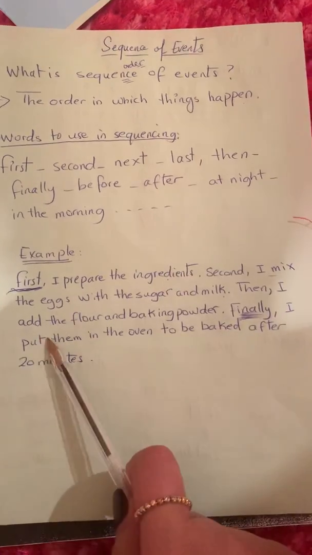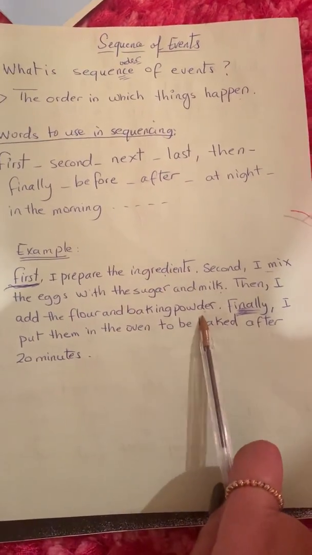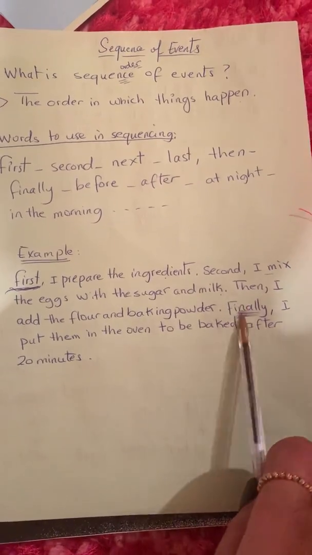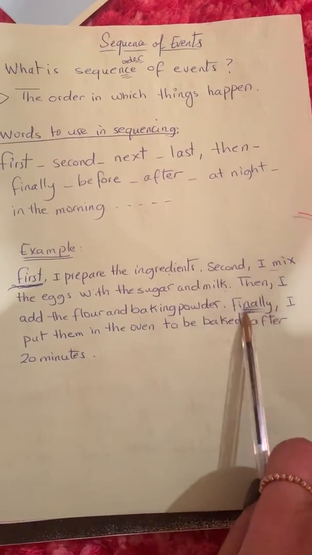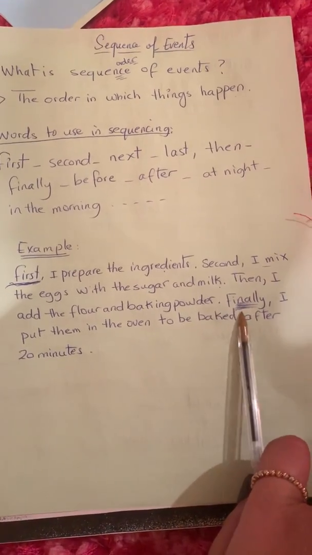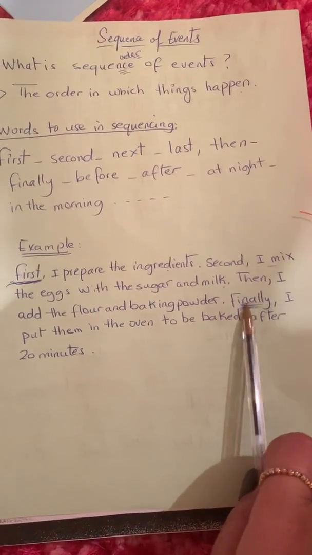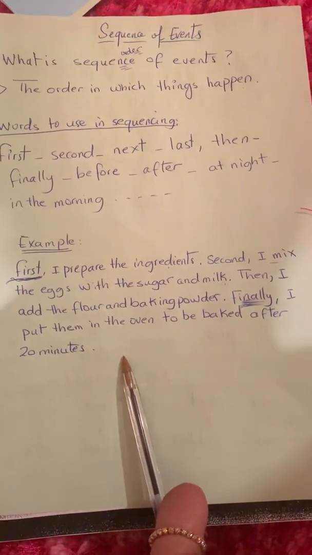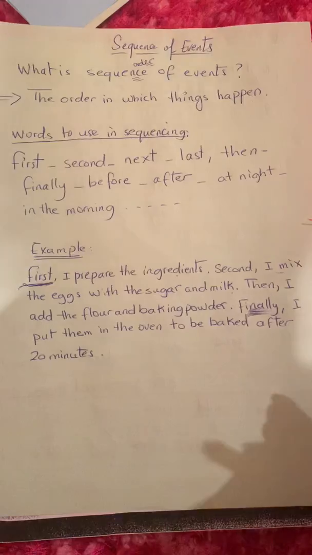Then I add the flour and baking powder. Finally, okay, when I say finally, I know that this is the last event or the last action that will happen. So finally I put them in the oven to be baked after 20 minutes. Okay, I hope this is clear.